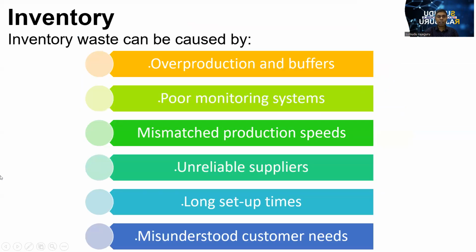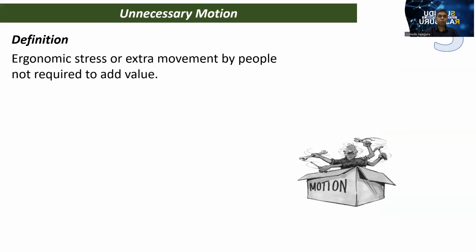Okay, right. These are the causes of inventory-related waste: overproduction and buffers, poor monitoring systems, mismatched production speeds, unreliable suppliers, long setup times, misunderstanding the customer's need. The third one is unnecessary motion.